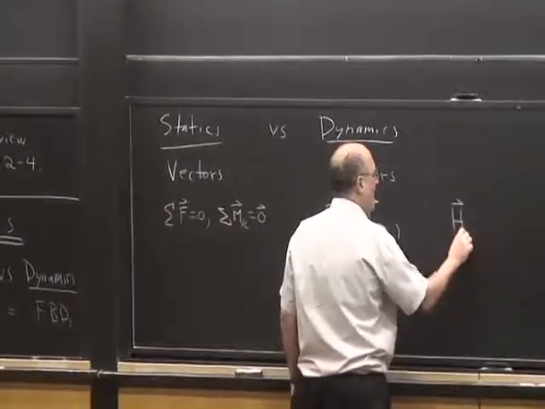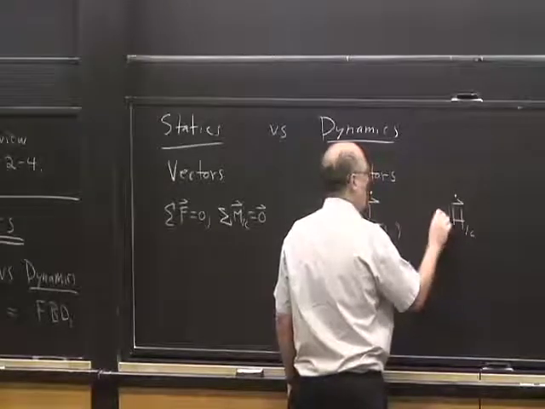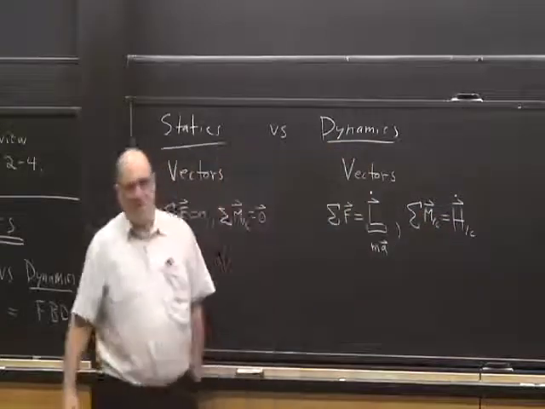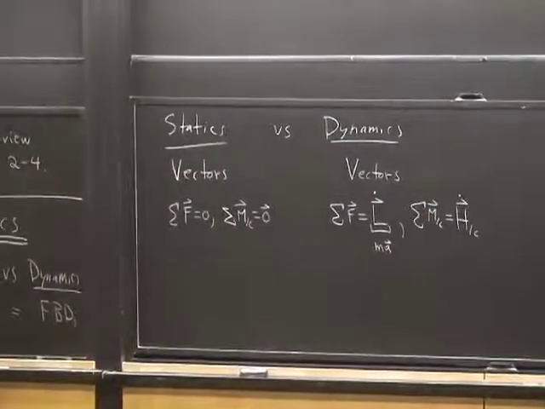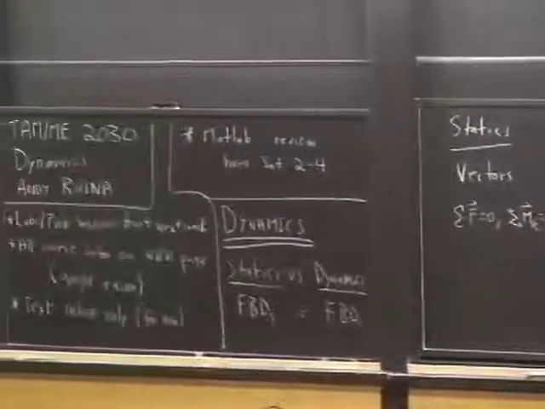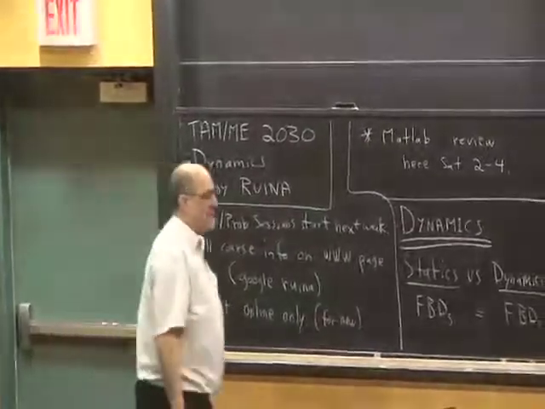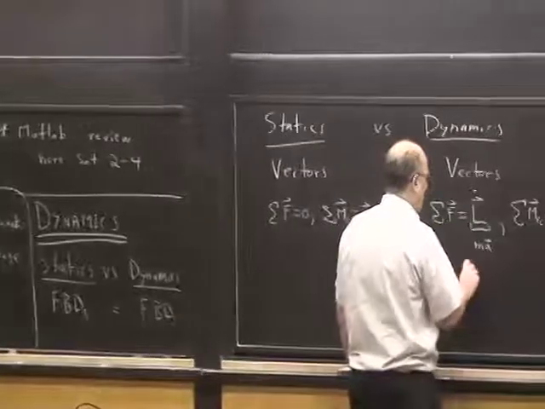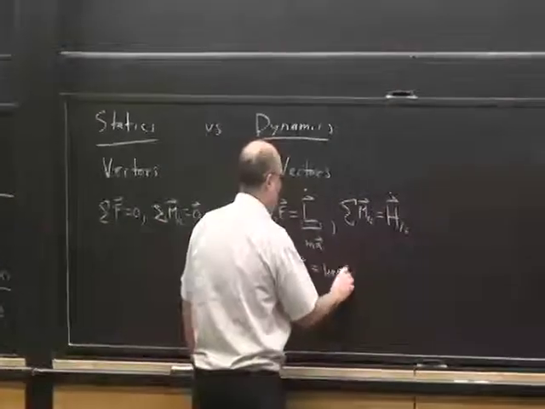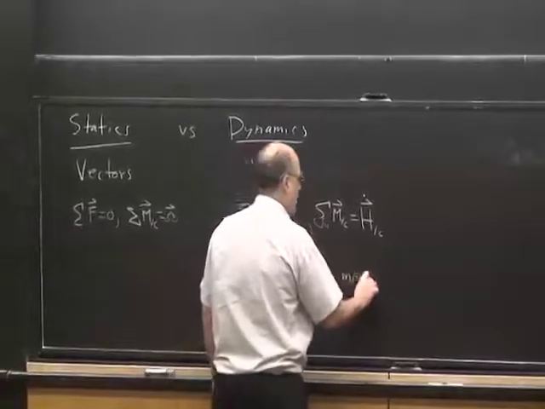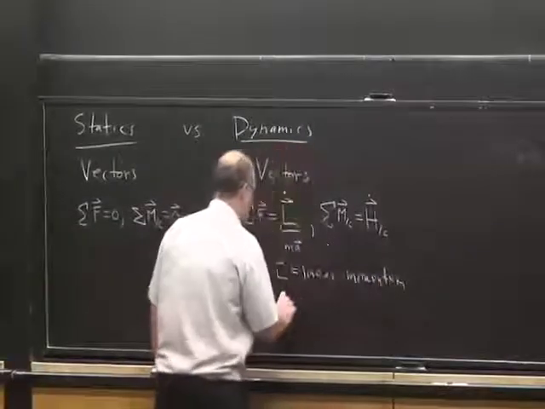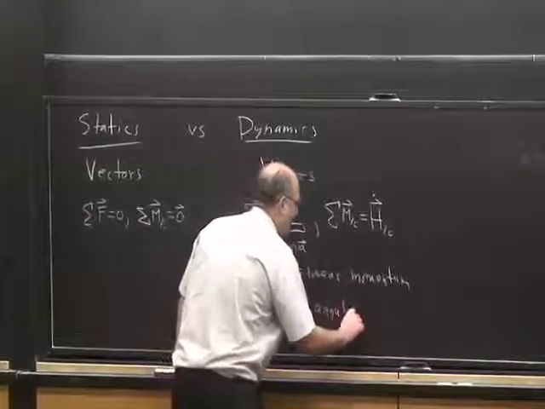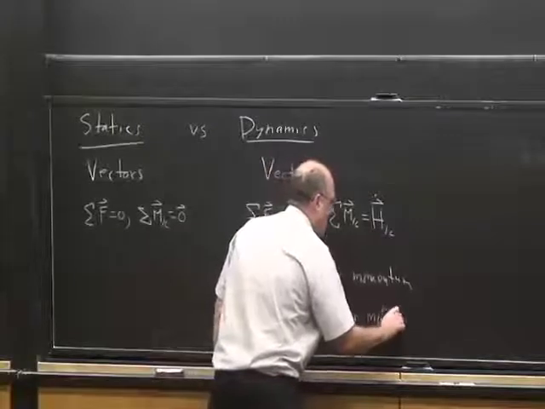So on the angular momentum side, the sum of the torques, or the sum of the moments relative to some point C, don't add to 0, but they add to something about how much the inertial rotation increases in time, the rate of change of the angular momentum relative to point C. So the key things are that we have this idea of linear momentum and angular momentum, which varies from point to point, just like the moment of a set of forces varies from point to point.